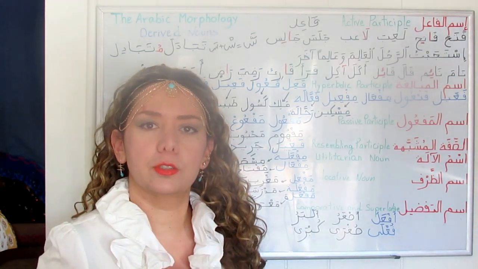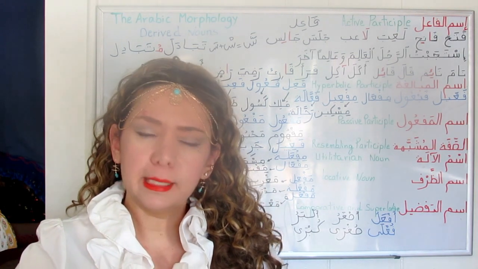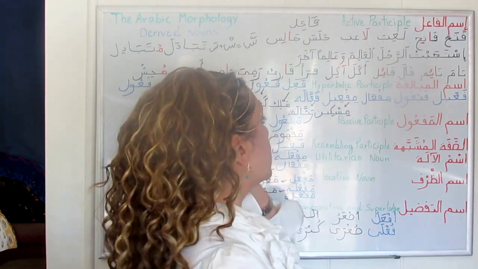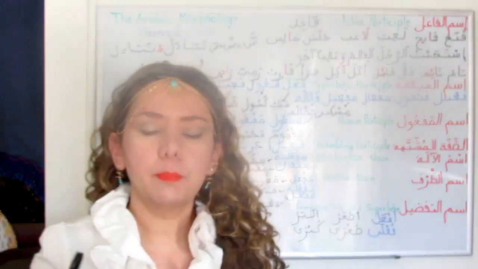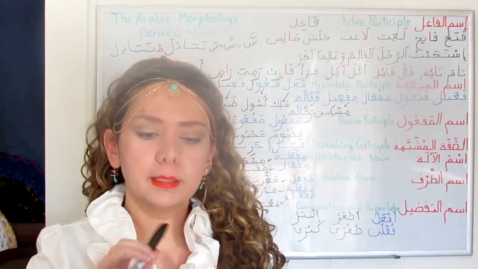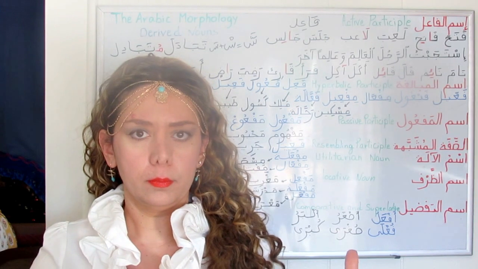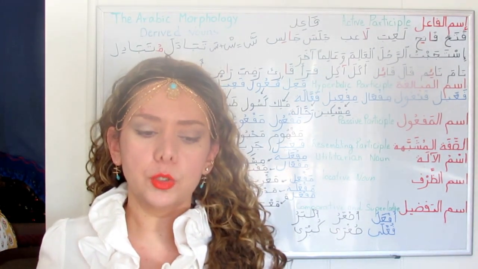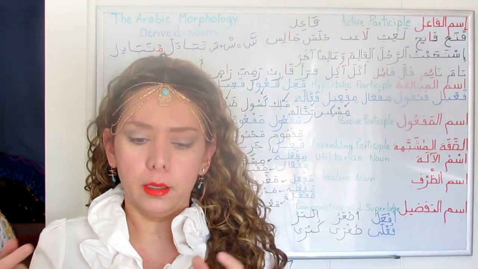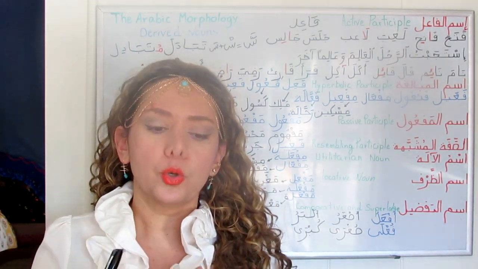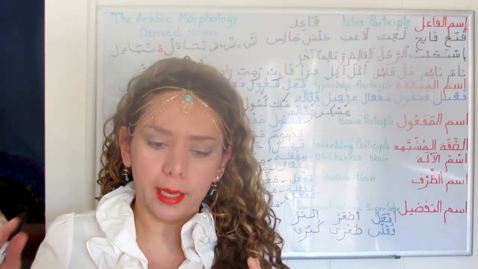Don't be discouraged. Okay? So, the second one is اسم المبالغة, the hyperbolic participle. It is a noun derived from a gerund, which is used to designate the one who enacts the meaning expressed by the root letters to a very high degree or to a very large extent.